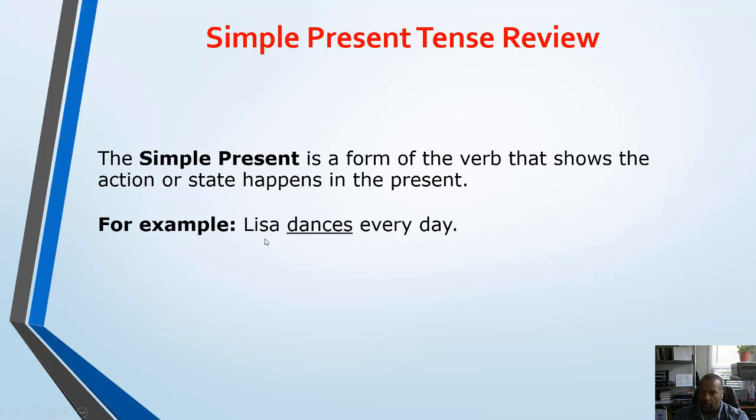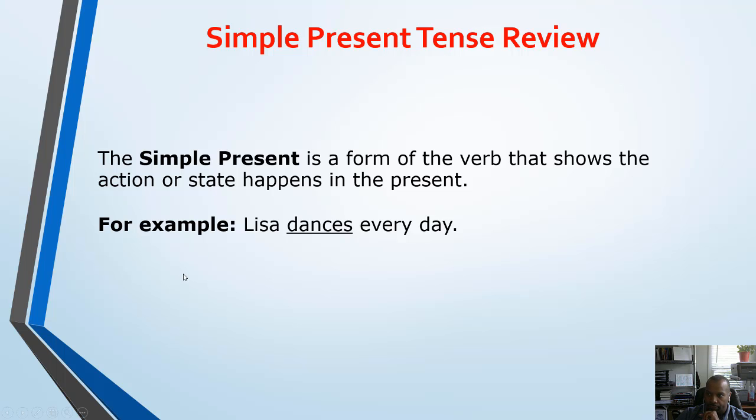So: I dance every day. You dance every day. He, she, it dances every day. They dance every day. We dance every day. Hopefully that's a good reminder of how we use the simple present tense.